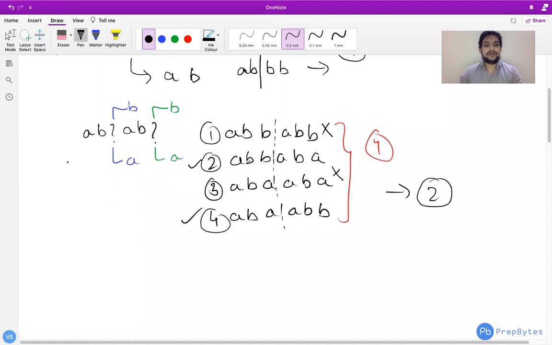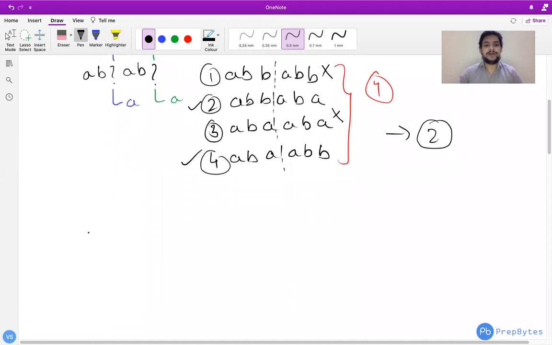Now let's look at another example where we are using 3 question marks. Let's look at this example. How many possible combinations?